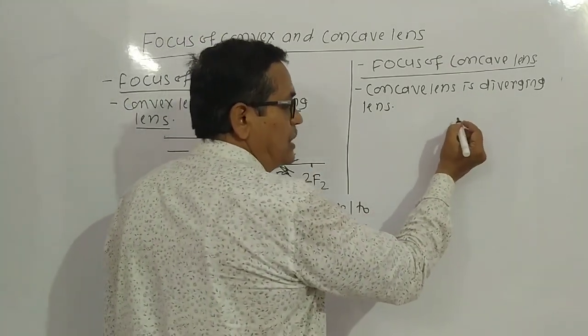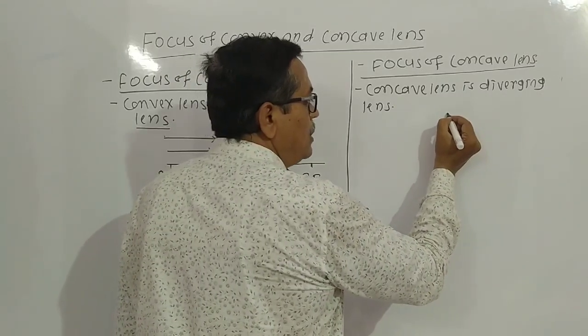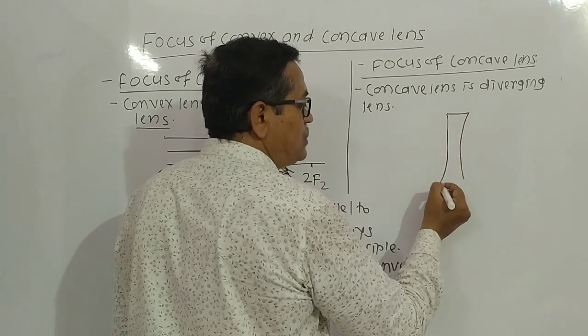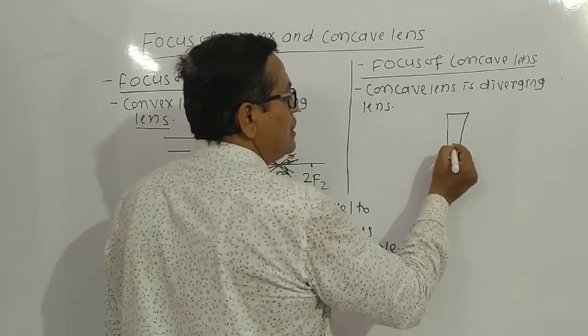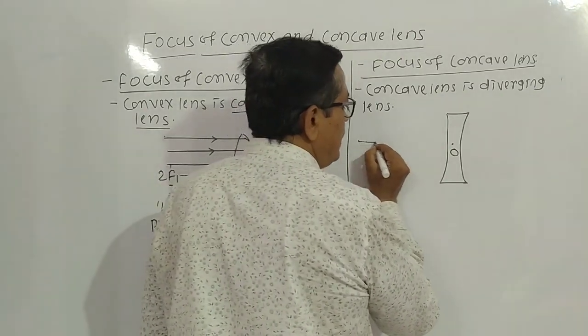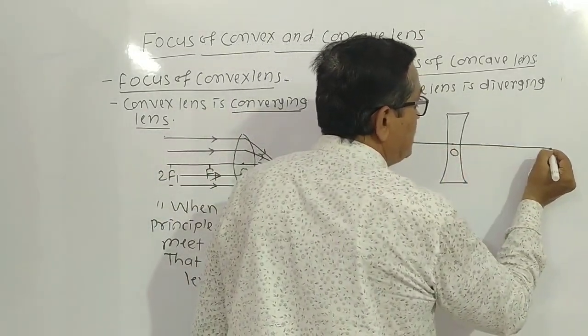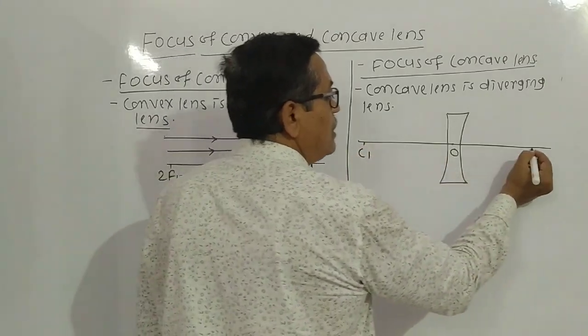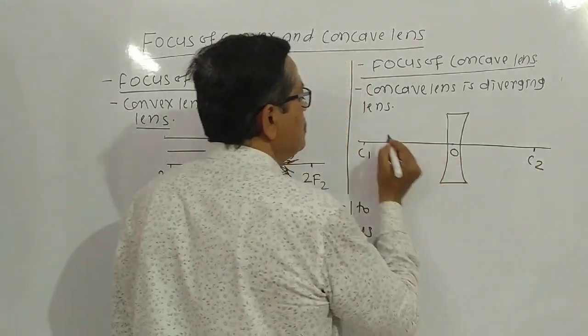Look here, we can draw the diagram. Here is a concave lens. We study the definition of this concave lens. Here optical center O, then principal axis, here C1, here C2.